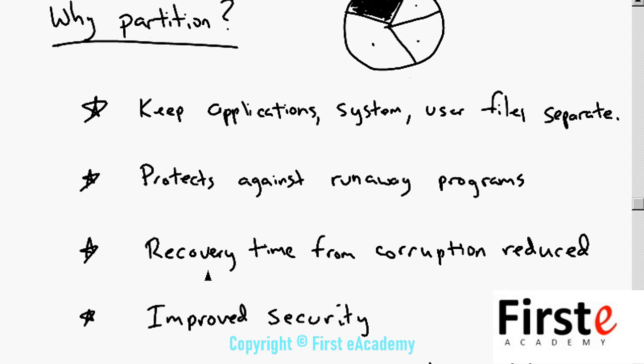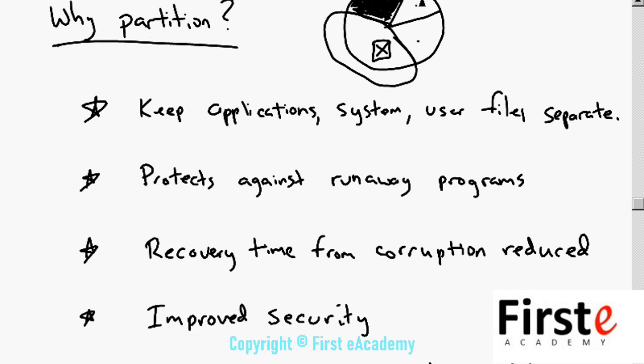Okay, another reason we like to partition is that the recovery time from corruption is reduced. So say some small part of the disk becomes corrupt right there. Well, what we have to do then is we only have to restore this partition, and the other 3 partitions we can leave alone. Okay, so by restoring just a smaller part of the disk, the recovery time is reduced. Another reason we like to partition is for improved security.